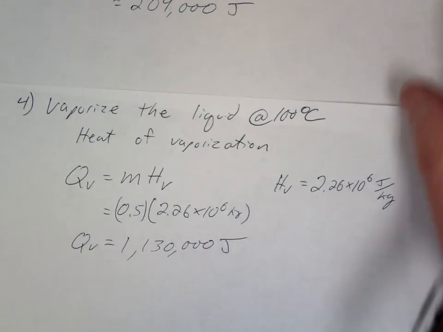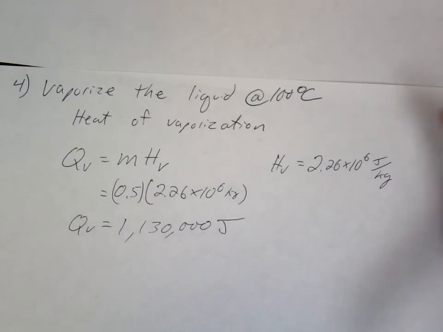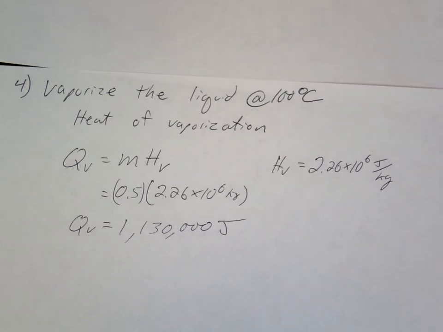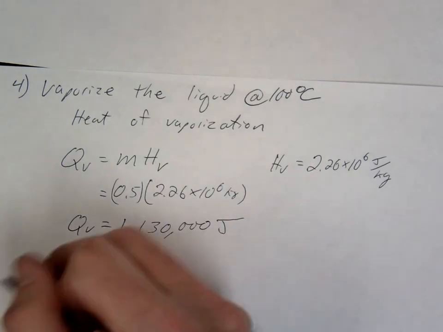So a little over 1 million. Okay, we vaporized all our water. It's in steam form now. How hot is our steam? 100 degrees. So what do I want to get it up to?